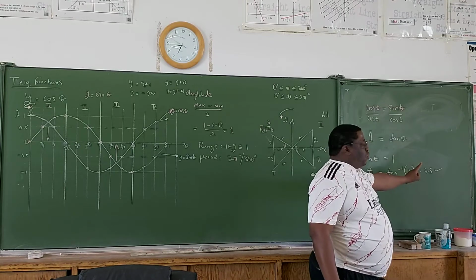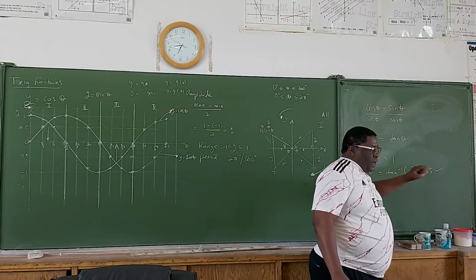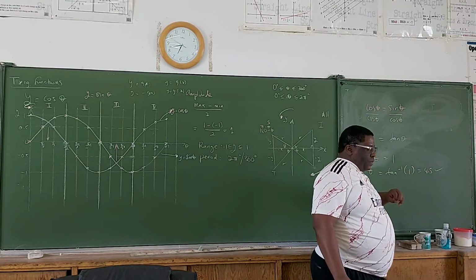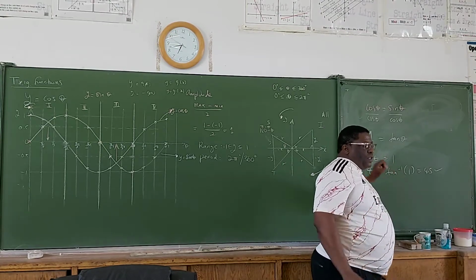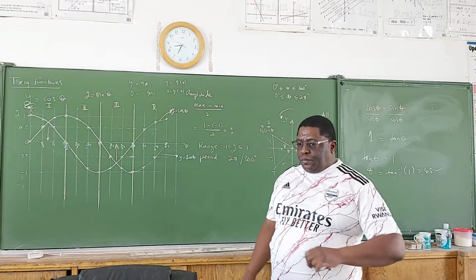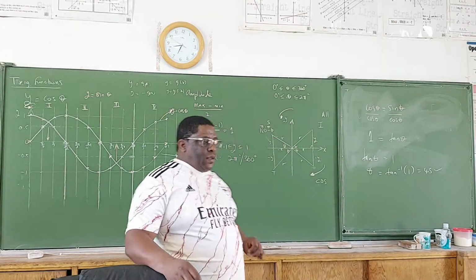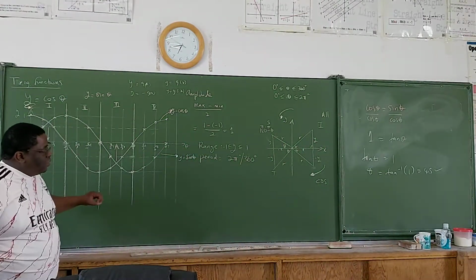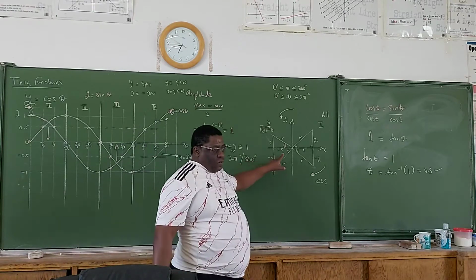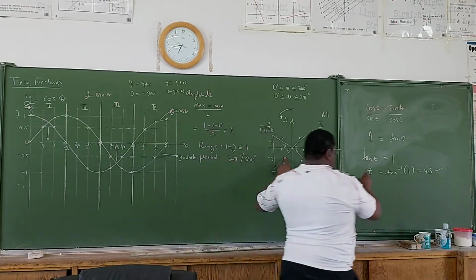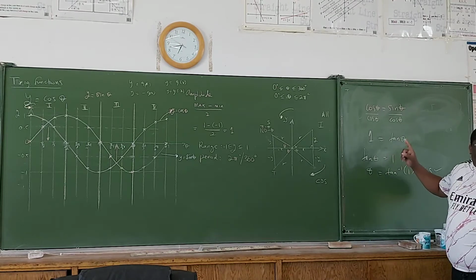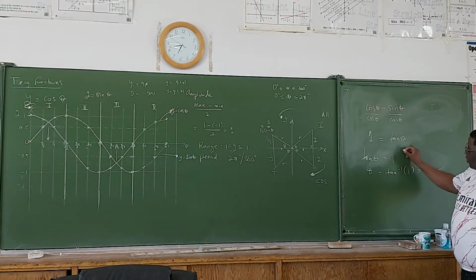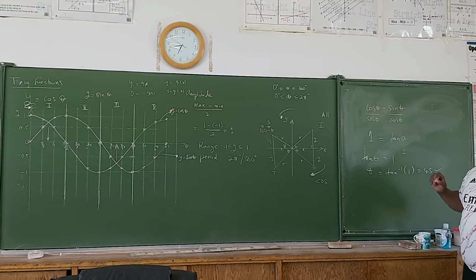But you also know that there should be another answer. In which other quadrant is tangent positive? In the third quadrant. Tangent is positive in the third quadrant. So, I know that this is the ratio, it just happens to be 1 upon 1. Tangent is positive in the first, so this is the solution.